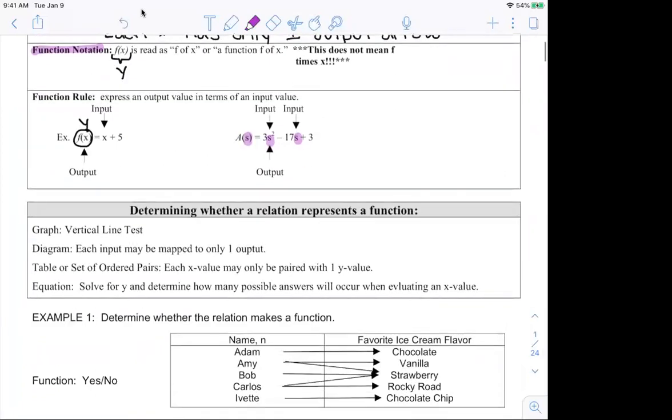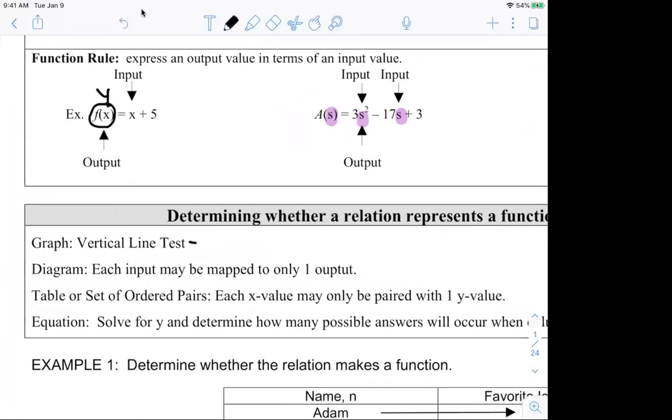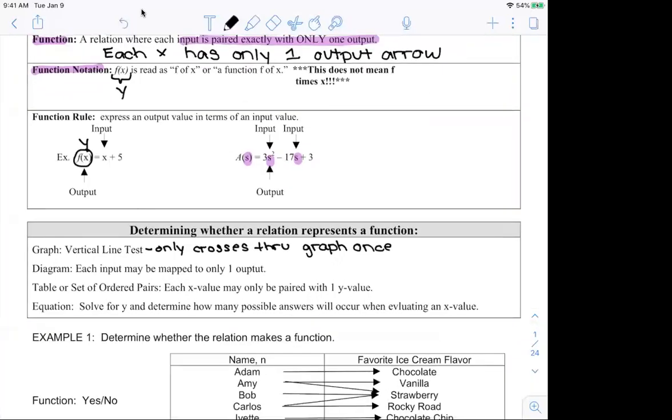So determine whether something is a function. The big one that people use, you guys have seen, is the vertical line test. That means it only crosses through the graph once. So that's a visual way of looking at it. So if this is your x and your y axis, and you have, let's say, a quadratic, let me do it in a different color so it accentuates it.